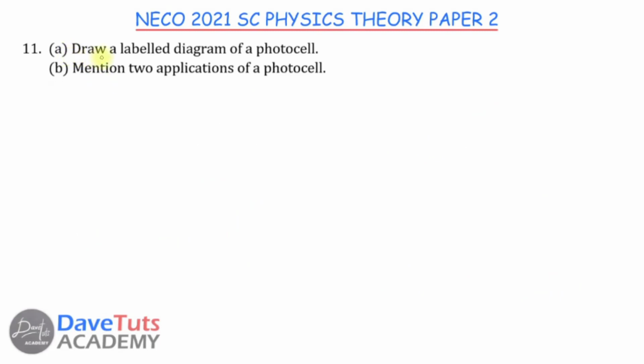Here in this question, we are mandated to draw a labelled diagram of a photocell and also mention 2 applications of a photocell. So no problem. If you want to draw a photocell, I'll just do a simple diagram here. Typically we are going to have an anode that is going to be collecting rays of light, and then a cathode that's going to be receiving electrons from there.